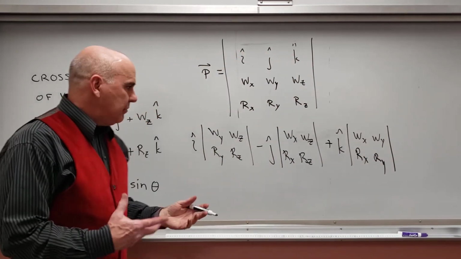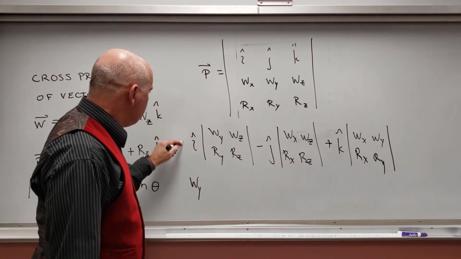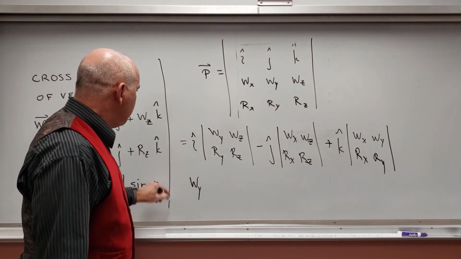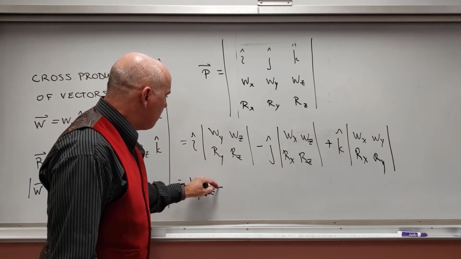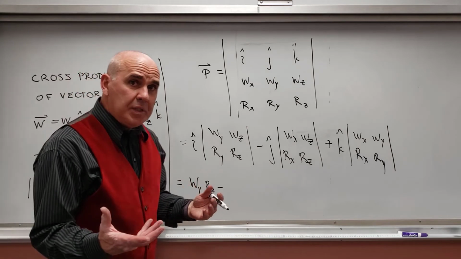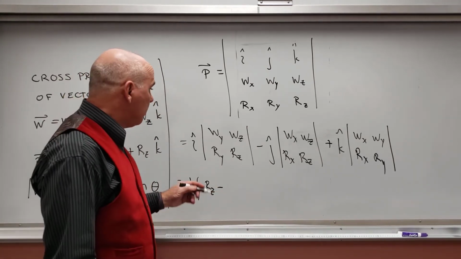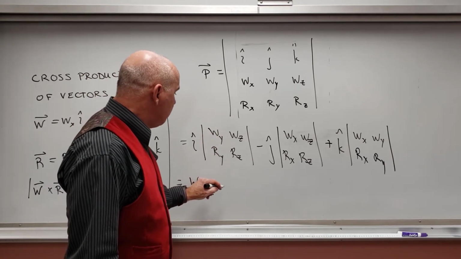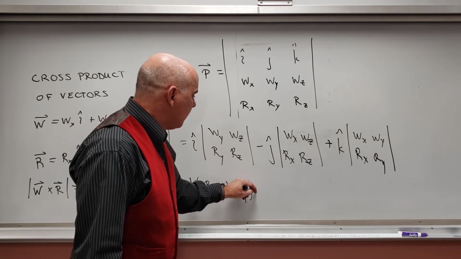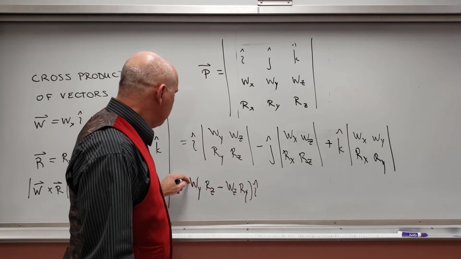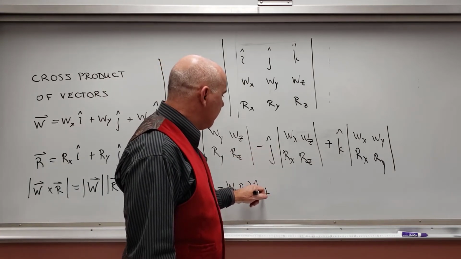Okay? And when I put all of that together, I'm going to get, put an equal sign here, W_Y R_Z minus, you know how to work determinants, you know what I'm doing here. If not, just kind of write down this result. W_Z R_Y, okay, that's going to be the X component. And then I'm going to get the minus sign out of there.